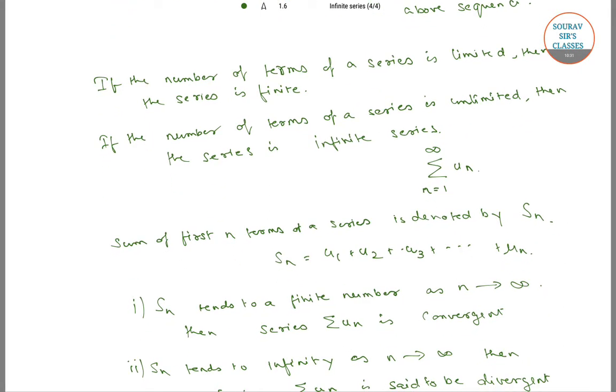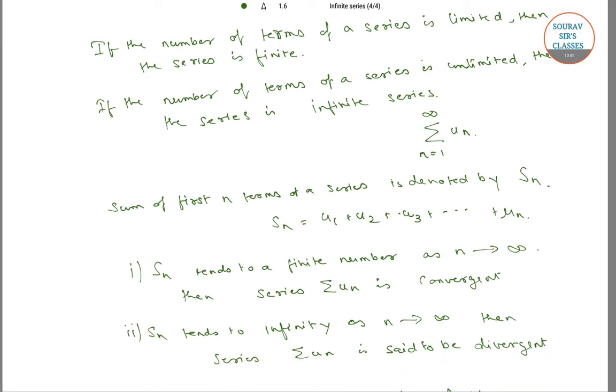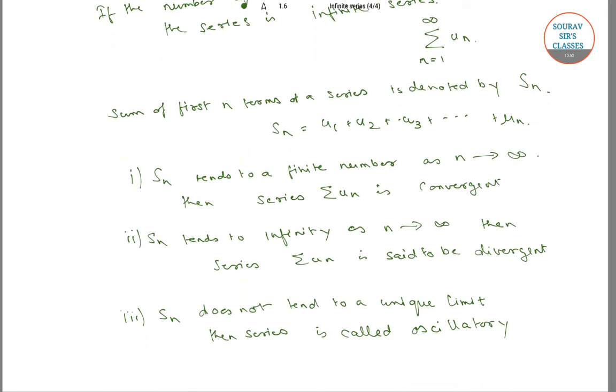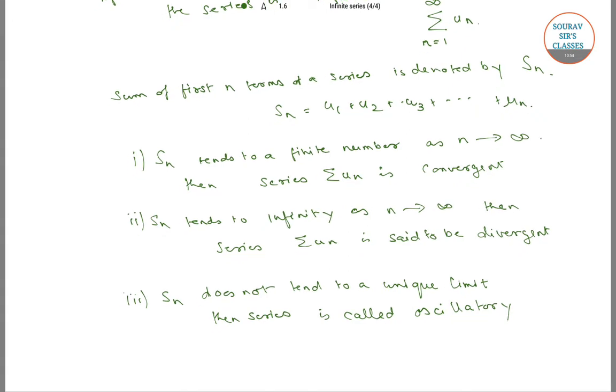Now, if Sn tends to a finite number as n tends to infinity, then the series summation un is convergent. And if Sn tends to infinity as n tends to infinity, then the series summation un is said to be divergent. And if Sn does not tend to any unique limit, then the series is called oscillatory.